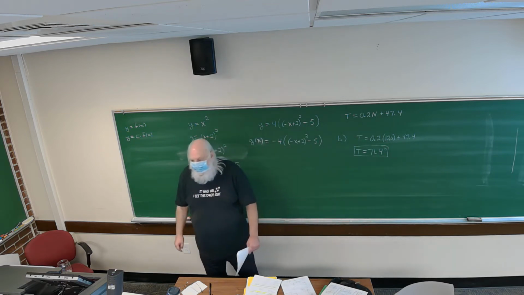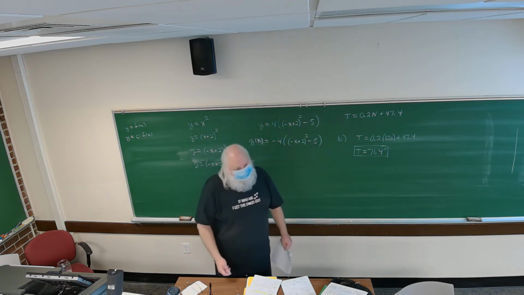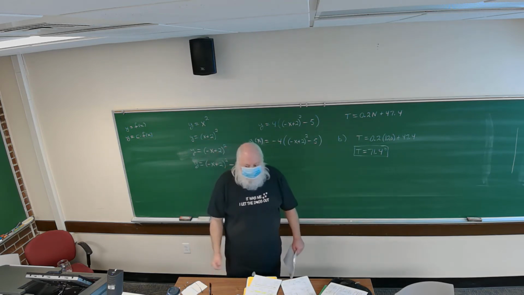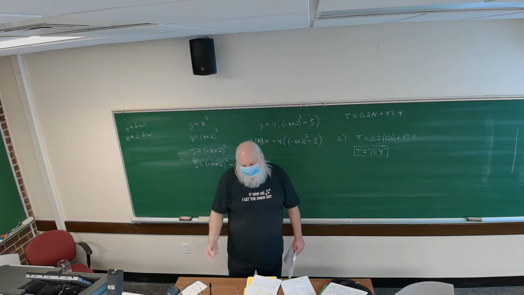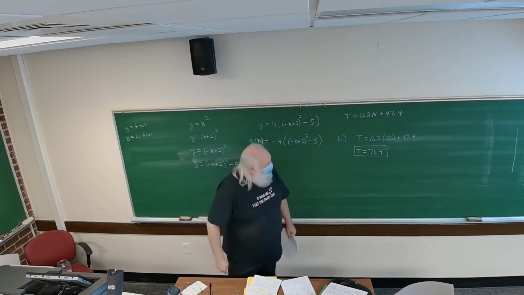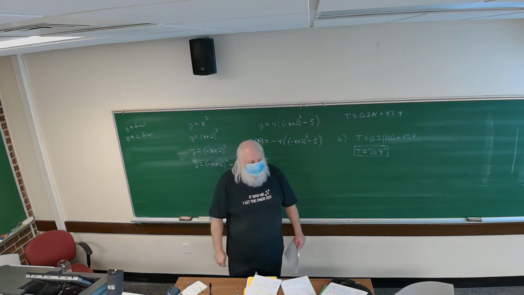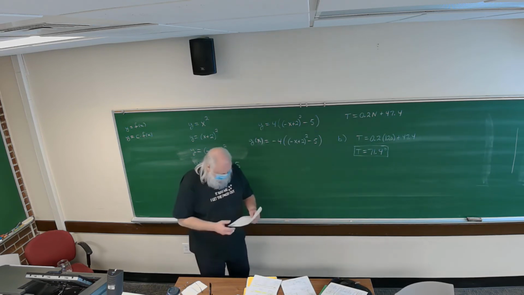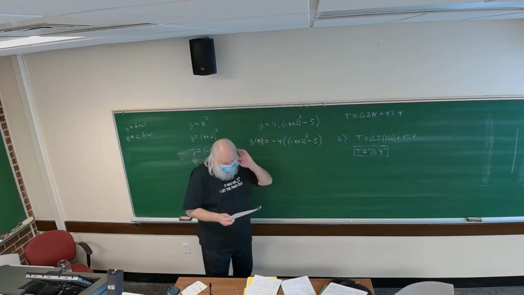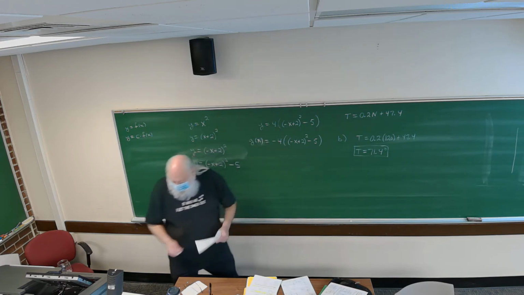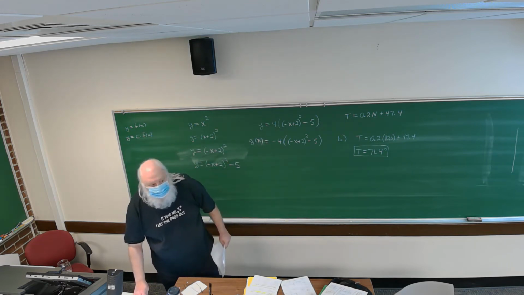So you're out in the woods, you don't have a thermometer, the crickets are chirping, count the number of chirps per minute, plug it into the equation, and you know what the temperature is outdoors. Right. That's kind of what that's telling us. Any questions on that?